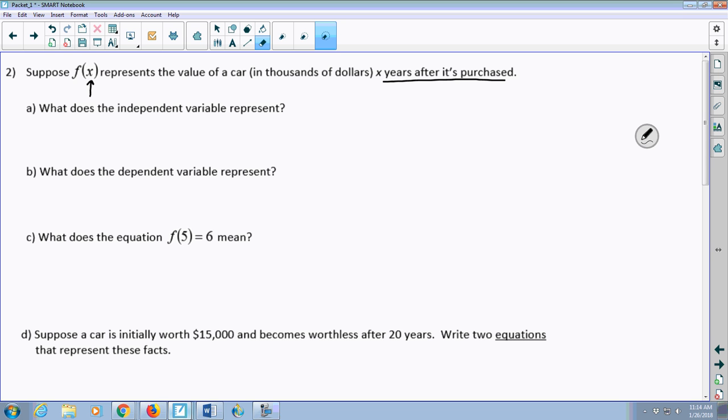Right, so x, the independent variable, is the number of years after purchase. We often use x. Sometimes we use t, sometimes we use d, depending on the context of the situation.